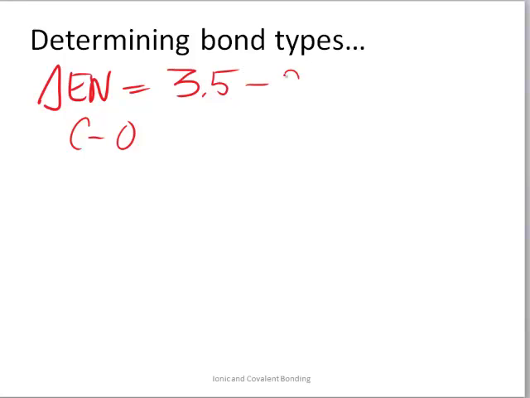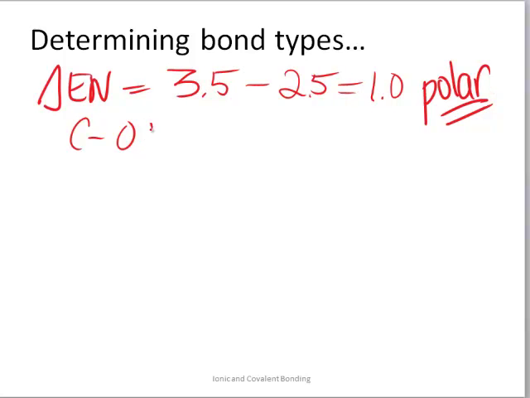The electronegativity value for carbon is 2.5, always subtracting the lower from the larger value to get a positive value. And we get a difference in electronegativity of 1.0. And so any carbon-oxygen bond is always going to be a polar bond. There will be a partial negative charge associated with that oxygen, and a partial positive charge near the carbon atom.